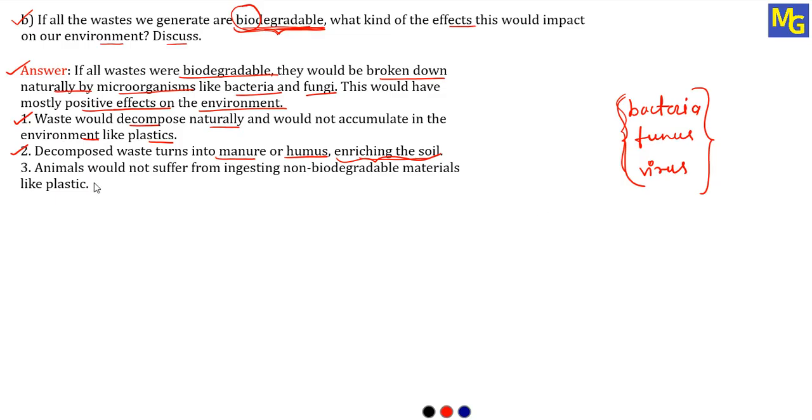Third one, animals would not suffer from ingesting non-biodegradable material like plastic. Nowadays we can see waste everywhere, and plastic is thrown in the environment. If there is any biodegradable waste, for example vegetables, unwanted food, leafy materials, etc., it is all packed into plastic and thrown on the roadside.